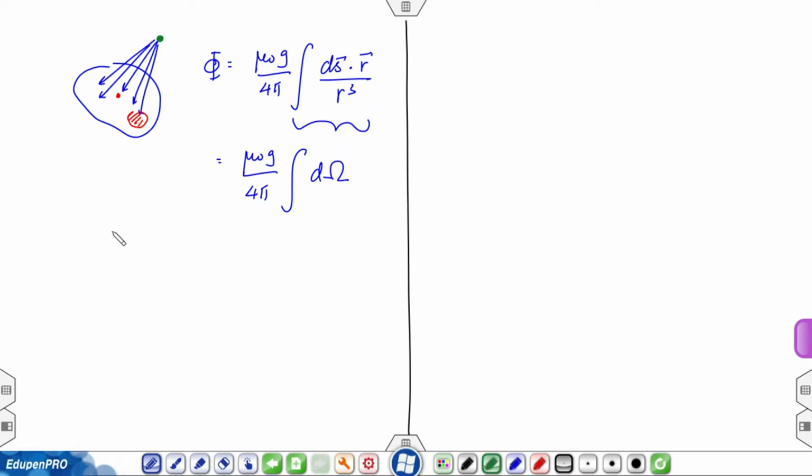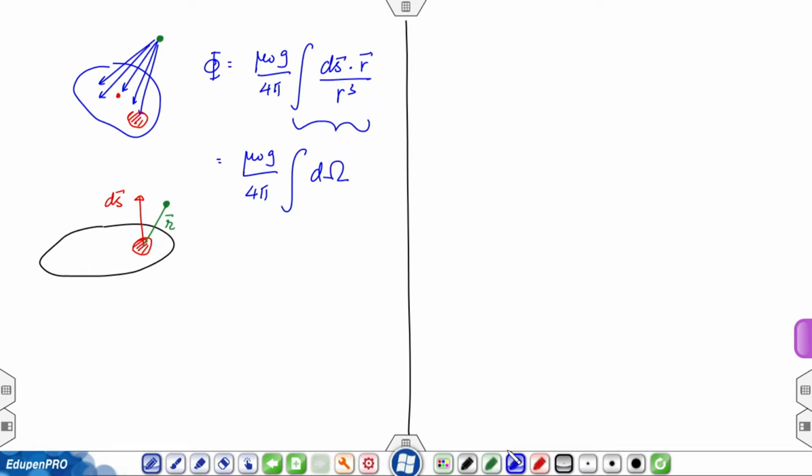To understand that, let us see how I got that. So, here is this area in this loop. Let me make it at an angle. Here is this red ds, which is pointing one way, and here is this charge. This distance is r.